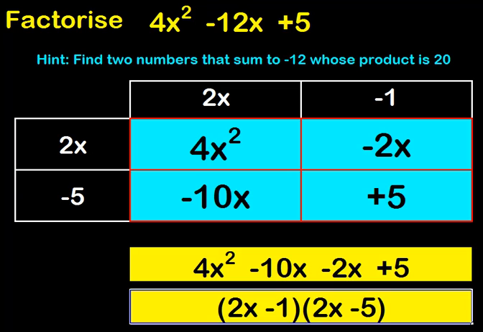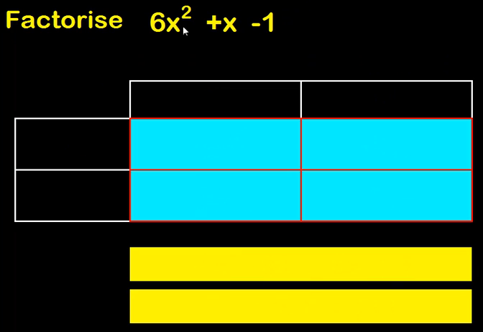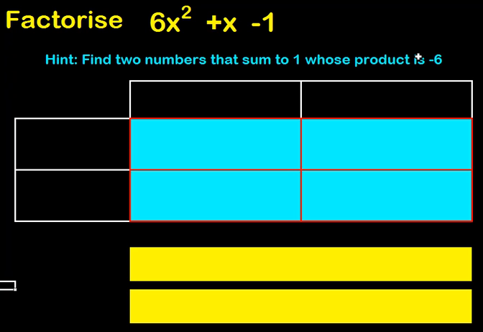So our brackets are going to be 2x minus 1 in one bracket and 2x minus 5 in the other bracket. We're going to factorise 6x squared plus x minus 1. So the number in front of the x squared, 6 times by minus 1 is minus 6. So we're looking for two numbers that multiply together to give minus 6, that add together to give plus 1. So we know that one of our factors has to be negative, one of them has to be positive.